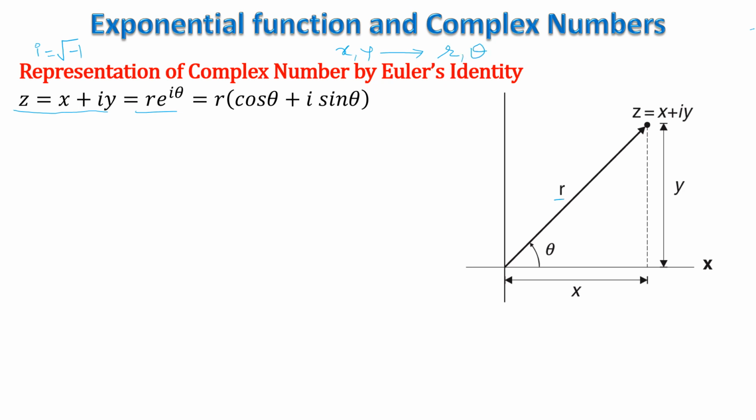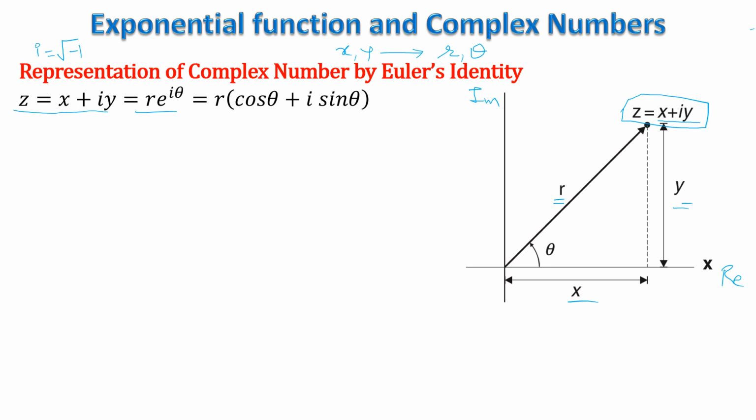The meaning of r is the distance of the point xy. This is our real axis, and this one is the imaginary axis, and we arrive at the point when we travel x distance along the x-axis, the real axis, and then y distance parallel to the y-axis, leading to the point z equal to x plus iy.